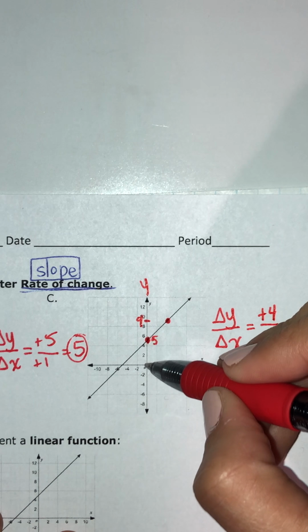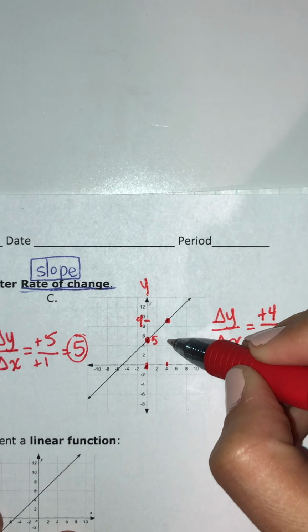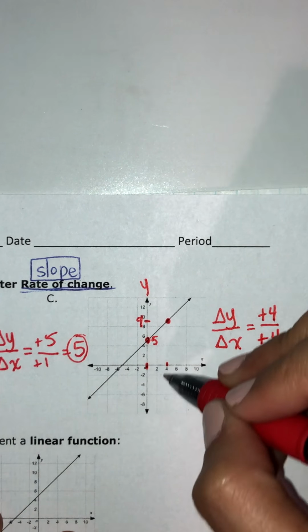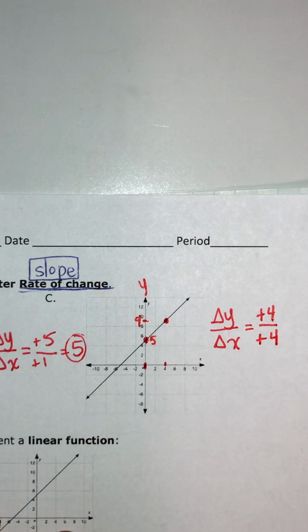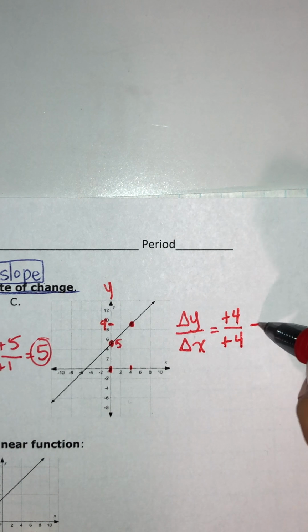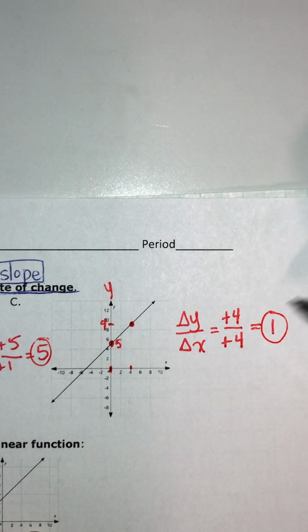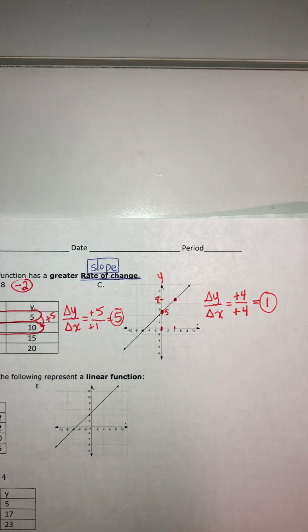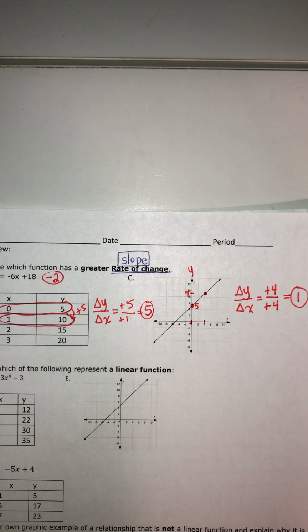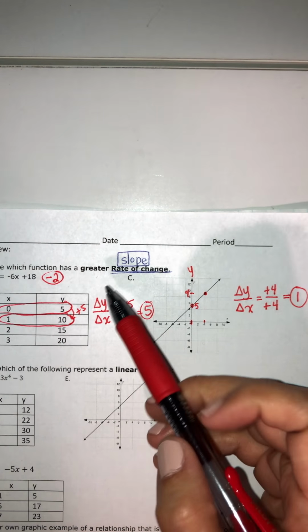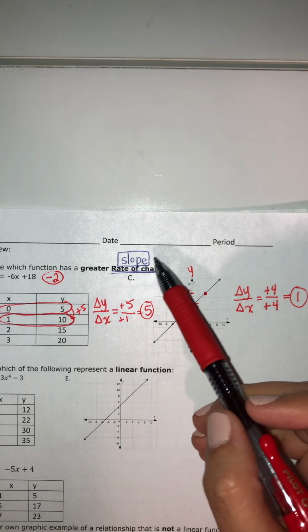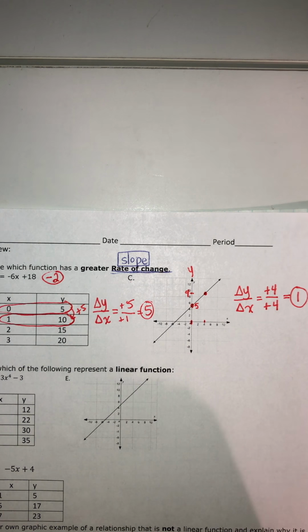And then starting from 0 and going to 4 is also right 4, plus 4. 4 divided by 4 is 1. So now knowing our 3 slopes, you're either going to circle A, B, or C, which one had the greater slope.